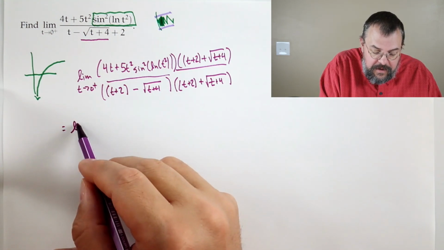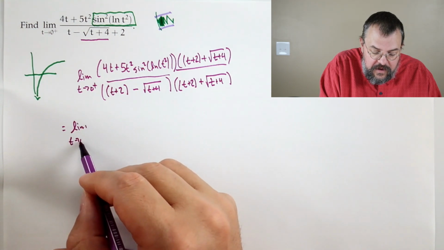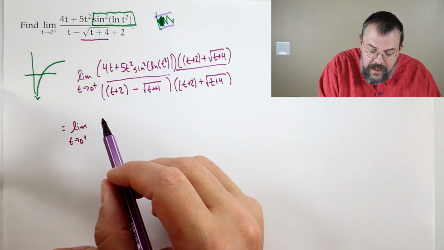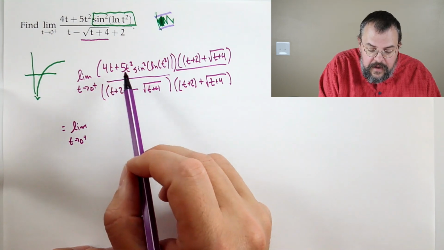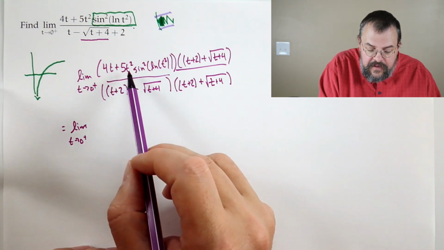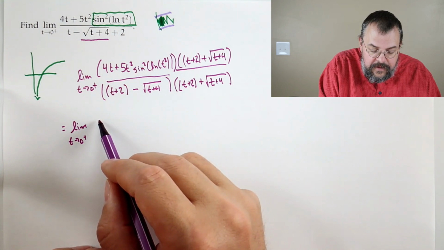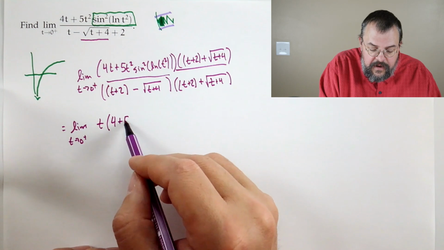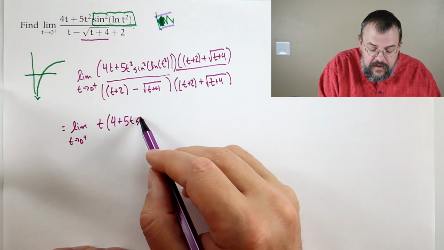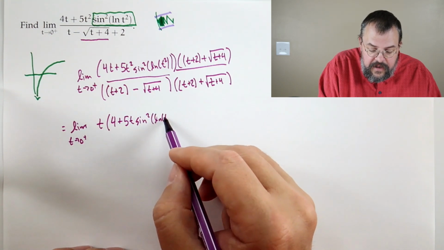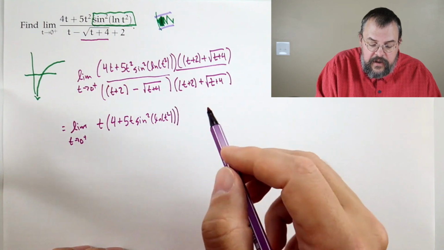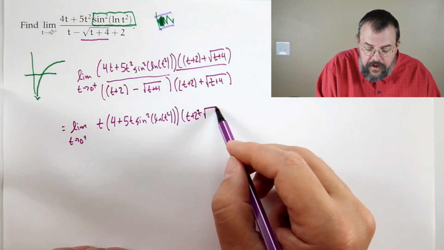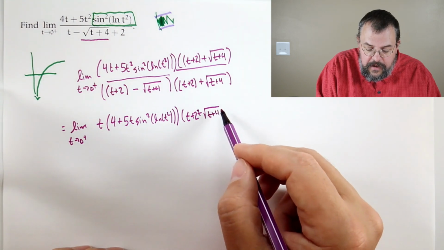This is the limit as t goes to 0 from above. Upstairs, not much you can do. Notice that these both have t's attached, so I'll pull out a t: 4 plus 5t sine squared log of t squared, then we have our t plus 2 plus the square root of t plus 4.